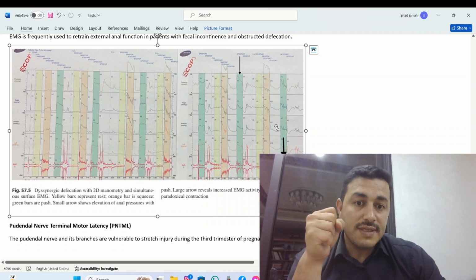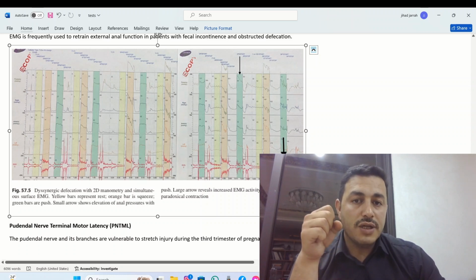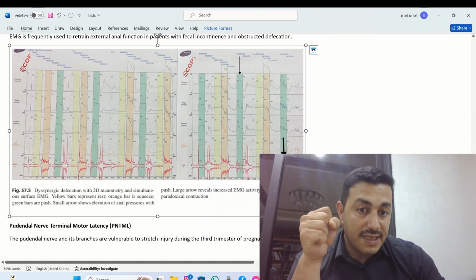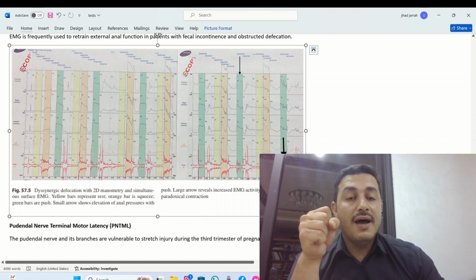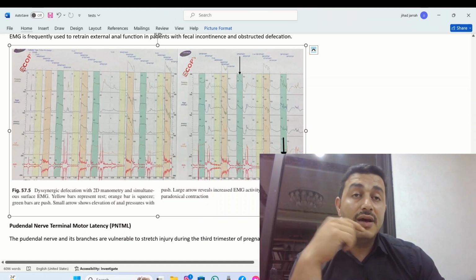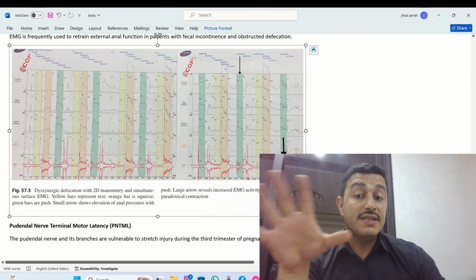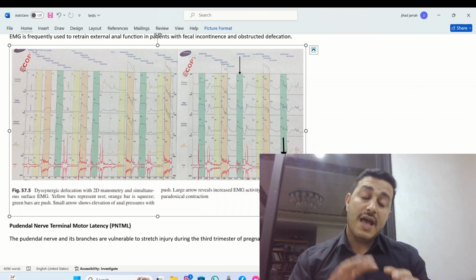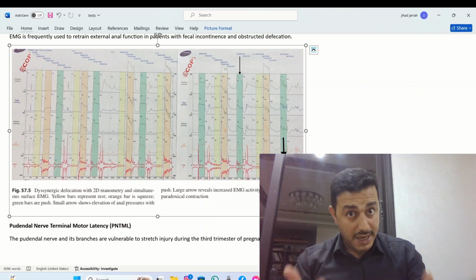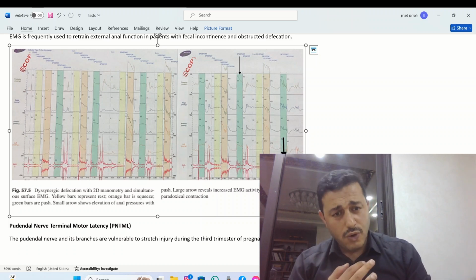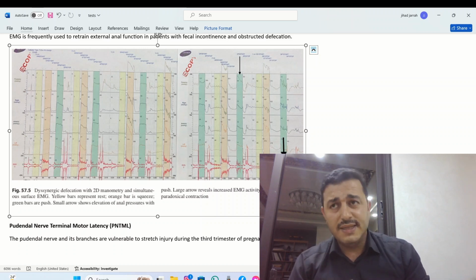Also, when we ask the patient to push, there is increased activity of the external anal sphincter reflected in the EMG. So this may indicate paradoxical contraction after pushing, which may be a clue for diagnosis of obstructed defecation.